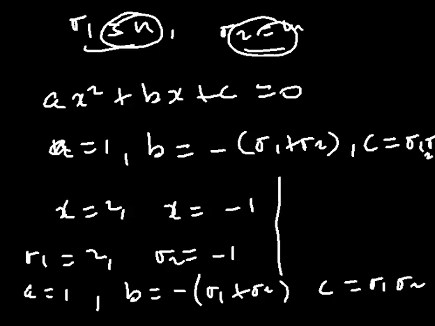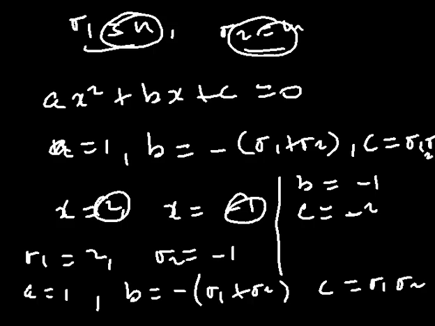Now let's determine those. B is negative of 2 plus negative 1, that is negative of positive 1, so negative 1, and c is 2 times negative 1, that is negative 2.